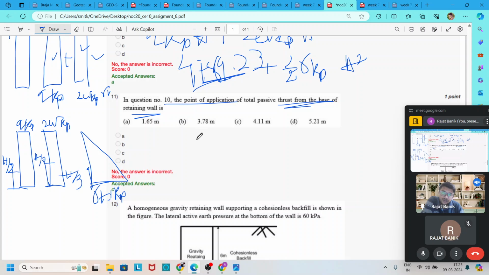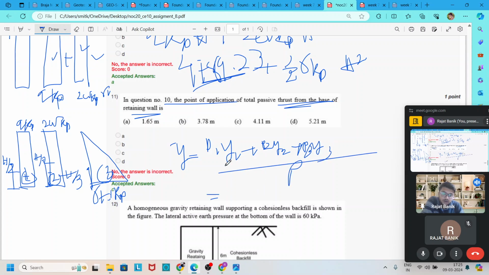So to find the CG of any combined area, that is 1, 2, 3, y bar is equal to P1 y1 plus P2 y2 plus P3 y3 divided by total force P. So we find P1 is q into Kp into H, and height of CG is H by 2, and then P2 is 2c root over Kp into H, and CG Y2 is also H by 2.